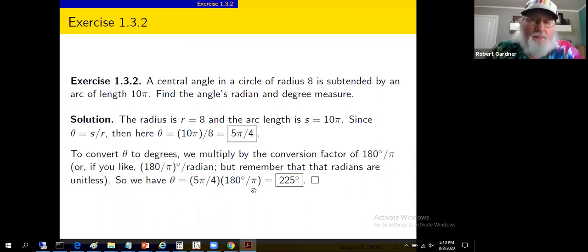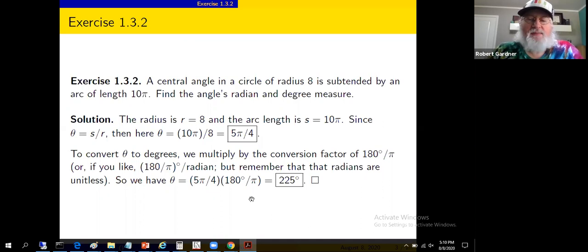Now, if you like to keep up with units, including the radians, we've got 5 pi over 4 radians, and here we've got 180 degrees divided by pi radians. Well, the radians will end up canceling anyhow. Radians are a unitless measure of angle. And we do the arithmetic, and this simplifies to 225 degrees.